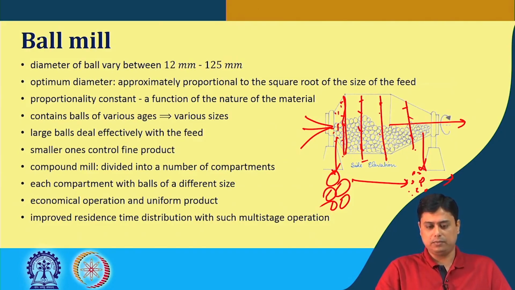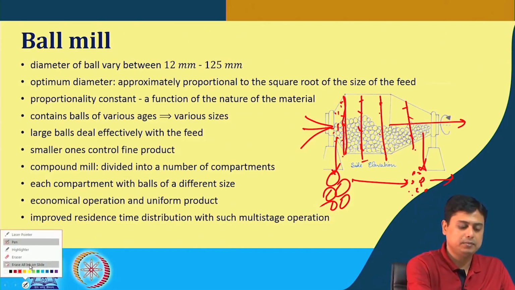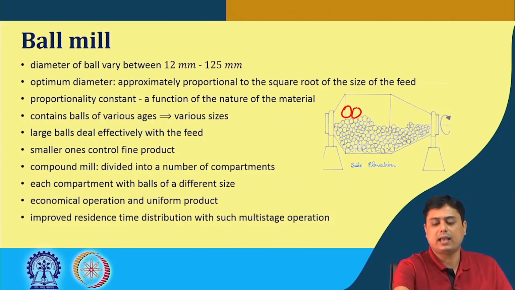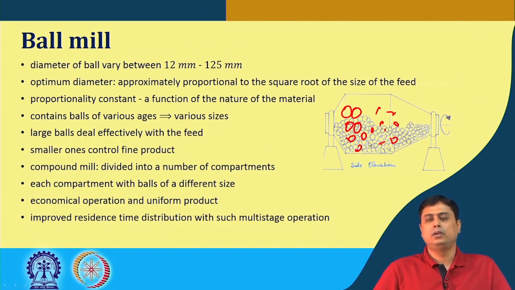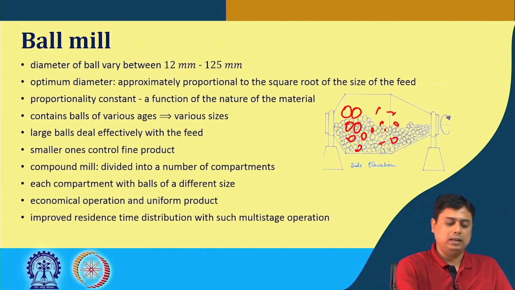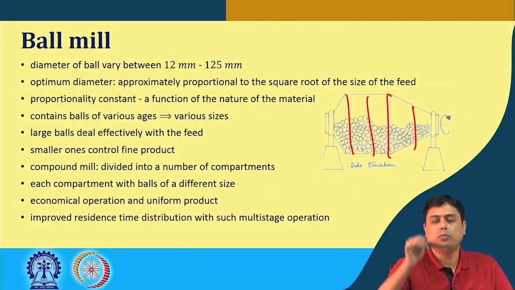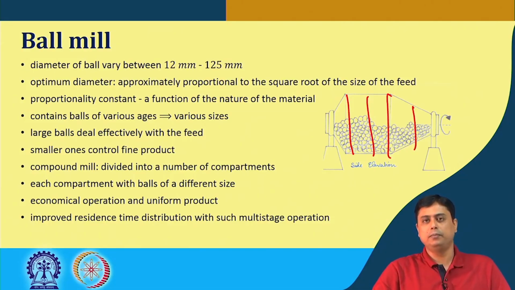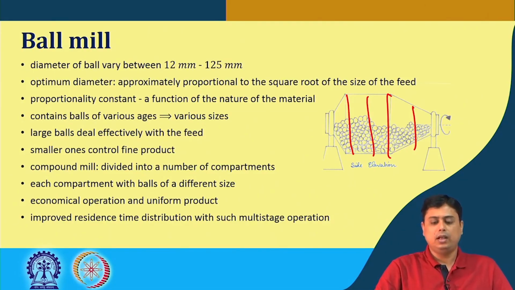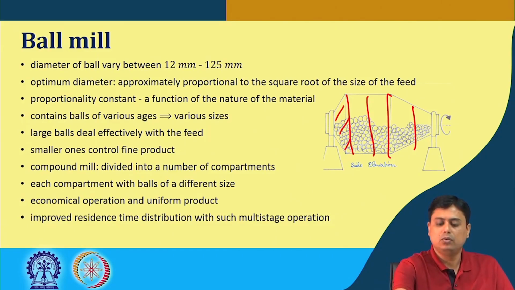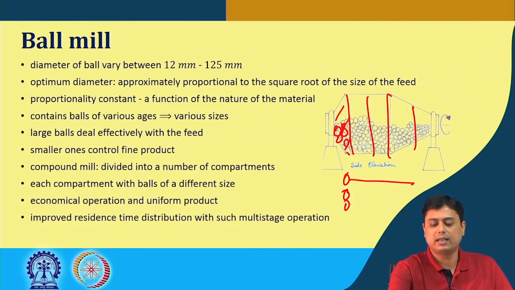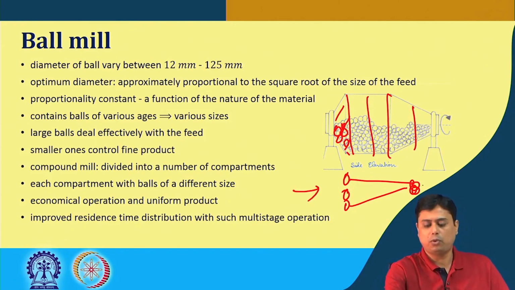So, there are two scenarios: one is that you take a single compartment and use different sizes of balls in that, or the other scenario is that you make different compartments in the ball mill by vertical screens, and in each compartment we use uniform size balls that start from bigger size to smaller ones from the feed to the product direction.